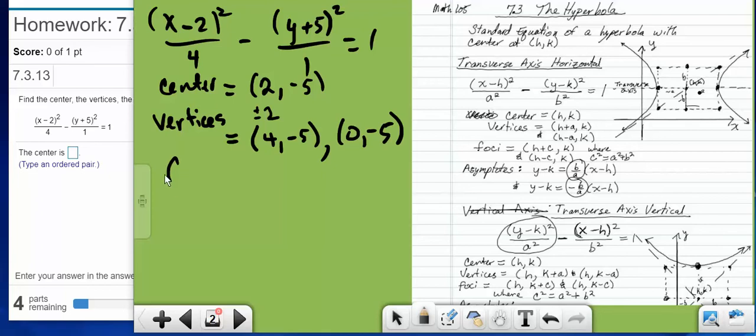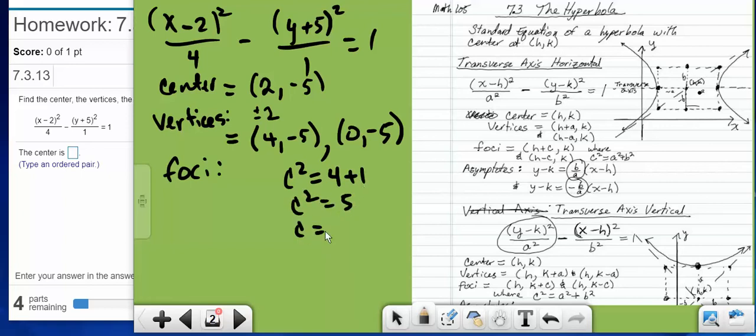Now the foci, you got to do c squared equals a squared plus b squared. So 4 plus 1. So c squared equals 4 plus 1.